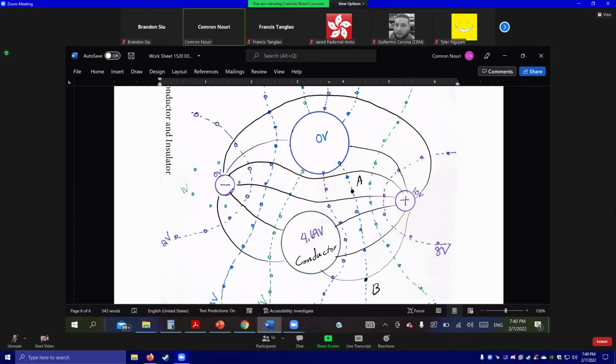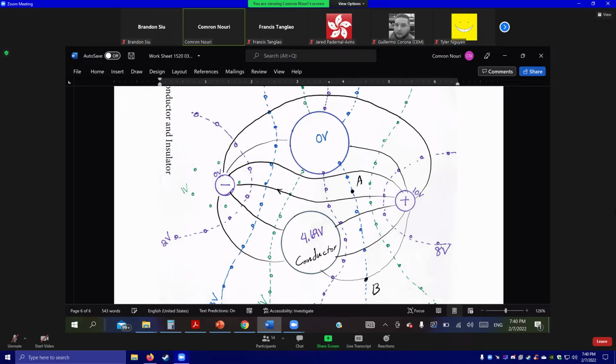This is fairly close to this one. At point A, you want to calculate the intensity of the electric field, and also figure out the direction of the electric field at that point. The direction is always parallel to the electric field lines, or tangent to the electric field line.